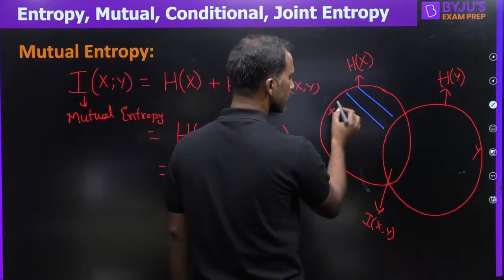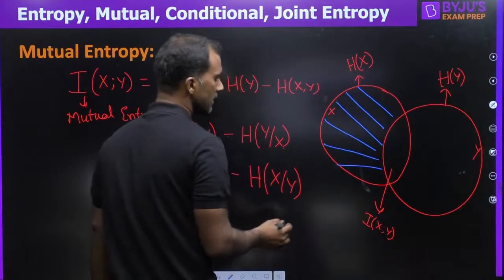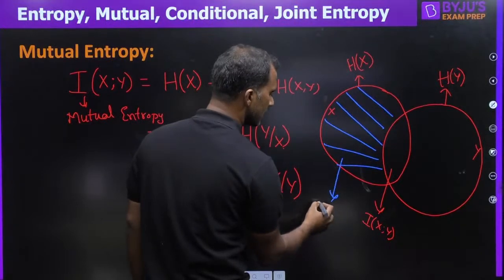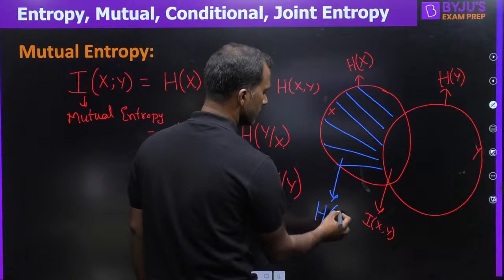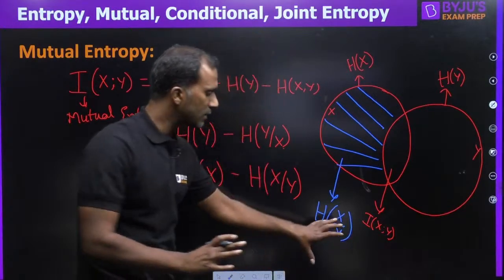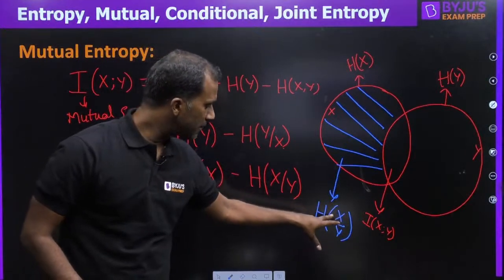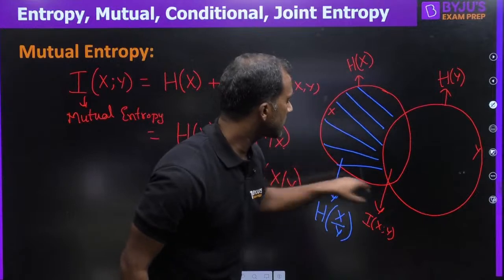Right. And this part, apart from the common part, whatever is left in H of x, we write it as H of x given y. Try to understand the meaning of this. Information in x, and only information in x, means this total circle.